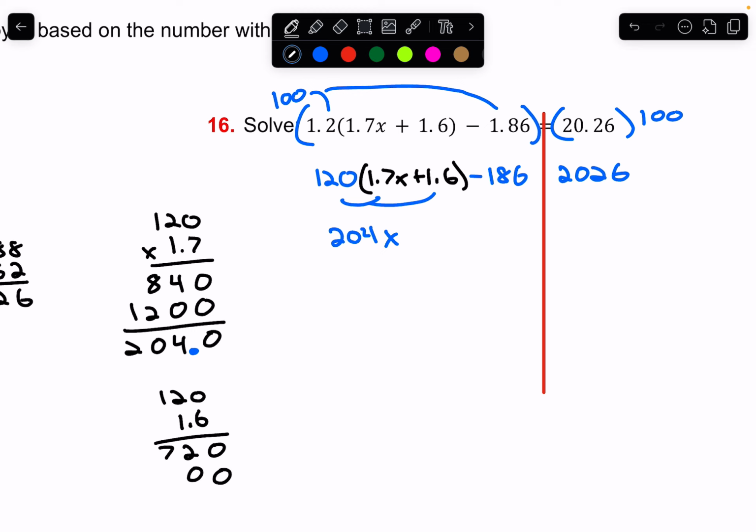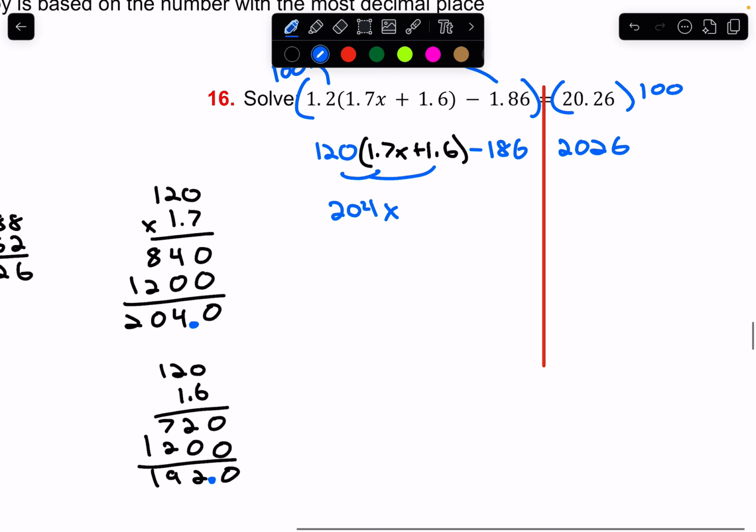So 0, 0, 2, 1, add them up, 0, 2, 9, 1. So I get 192, and again, 1 decimal place in there because I had 1 decimal in my problem. So plus 192. And then I still have this minus 186 from above and a 2026 on the other side.